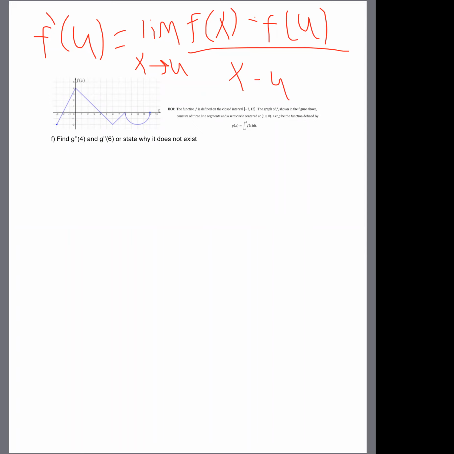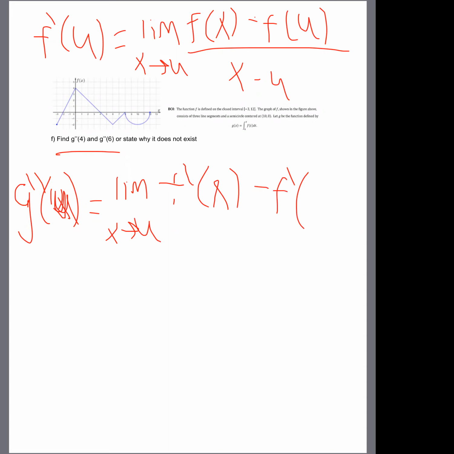So with this problem, the derivative would follow the same logic even though we're doing the second derivative. Since we're trying to find g double prime, it would be the limit as x approaches u of f prime of x minus f prime of u over x minus u.